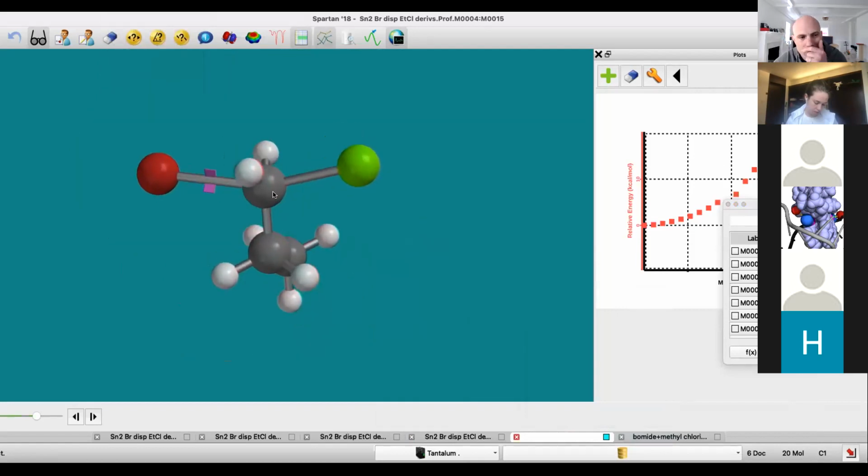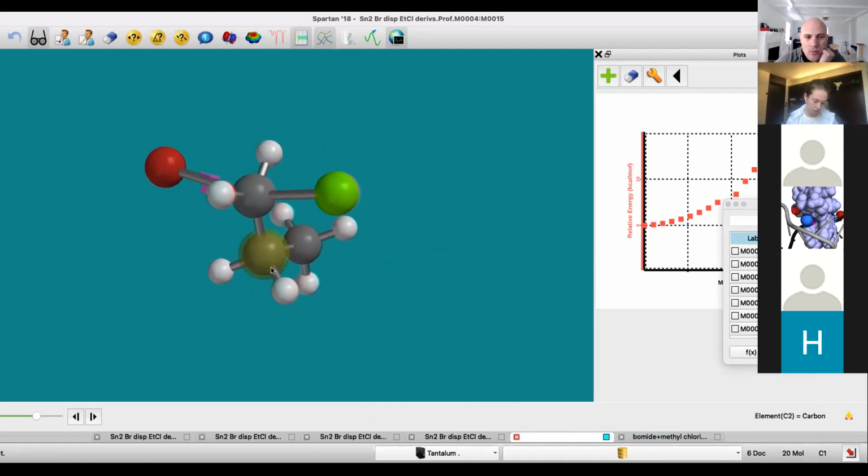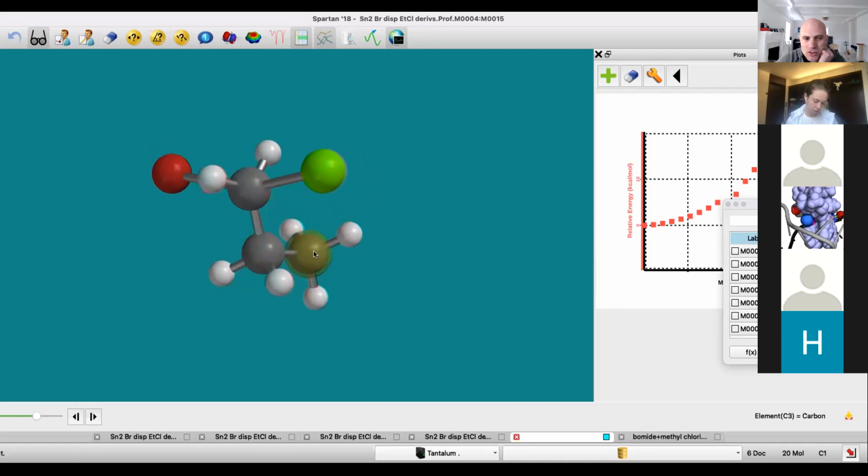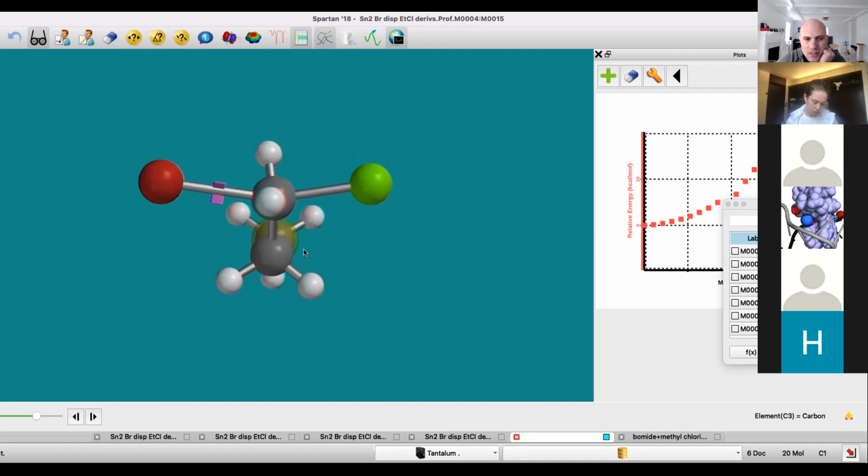We just did ethyl, so CH2CH3, okay? This is now an example of the beta branching. And so what I'm doing is replacing one of those hydrogens with a methyl group, this one in the back here, okay?